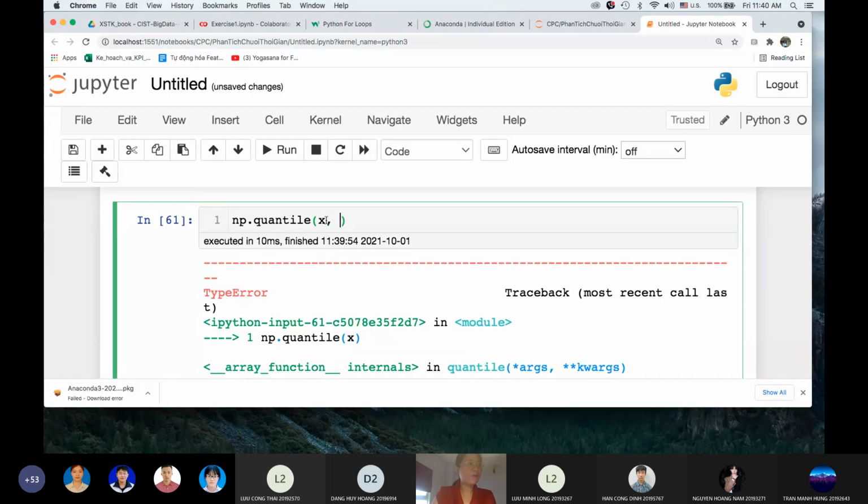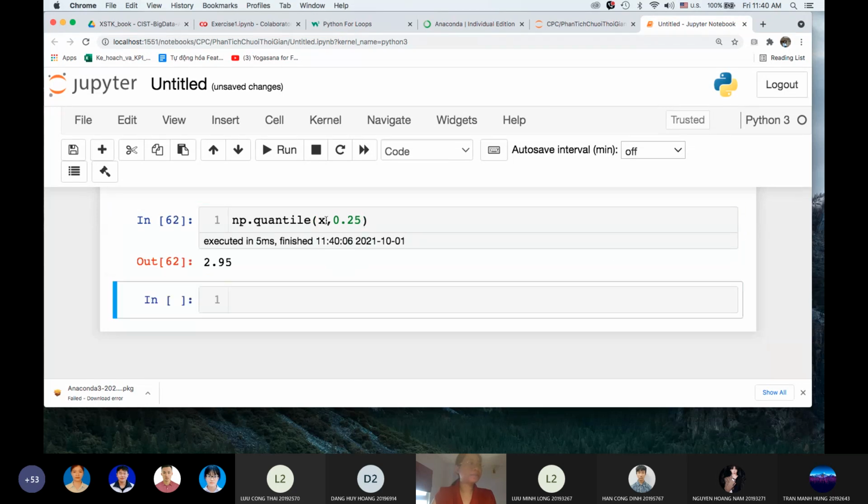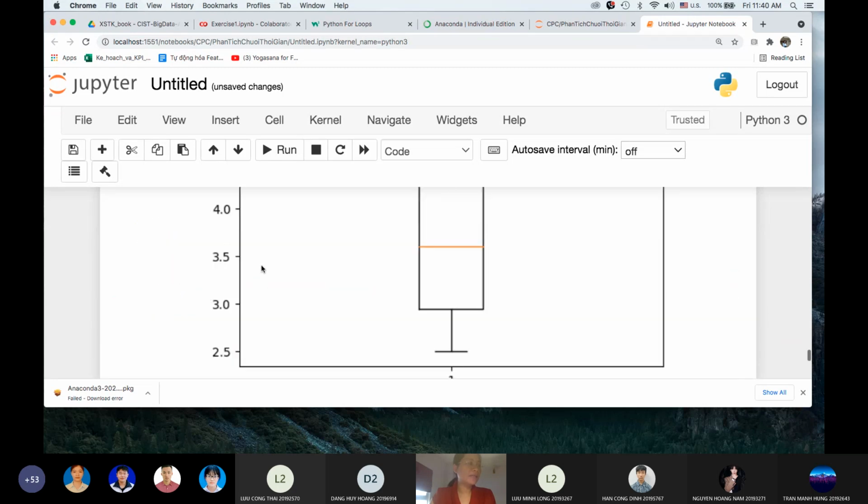I forgot one parameter: it was 10%, now it is 25%. The 25% quantile is 2.95. Here, 2.95 is called Q1. Q1 means that from the minimum to this value is about 25% of the data. The proportion here is 25%.